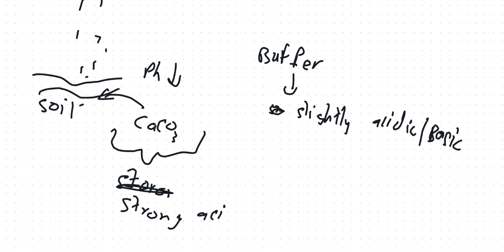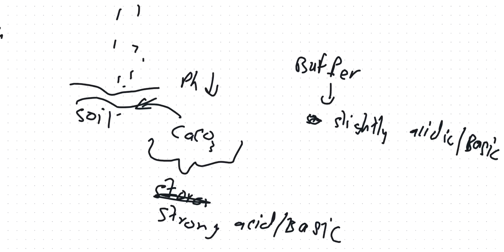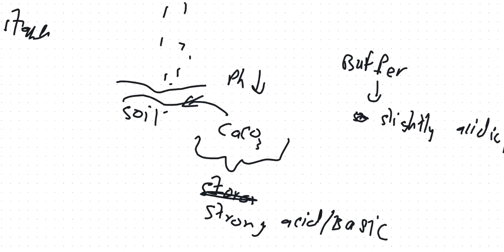Why is that? Because if I added a very strong base to this soil, because now the soil is acidic, I have acid rain, my soil becomes very acidic. So when I add a small base to this soil, the pH would neutralize and become 8.